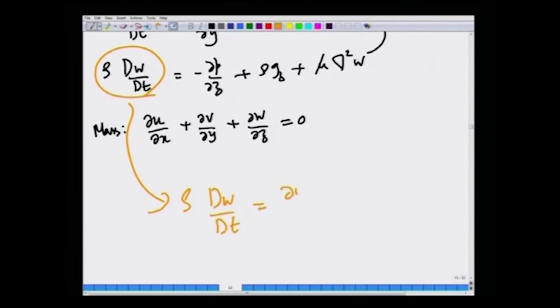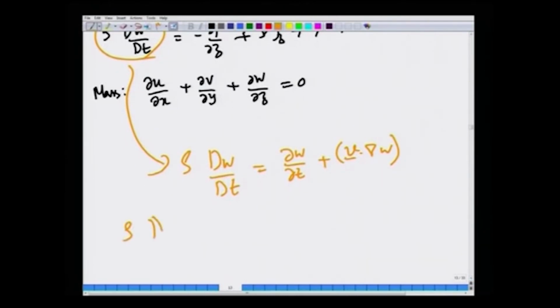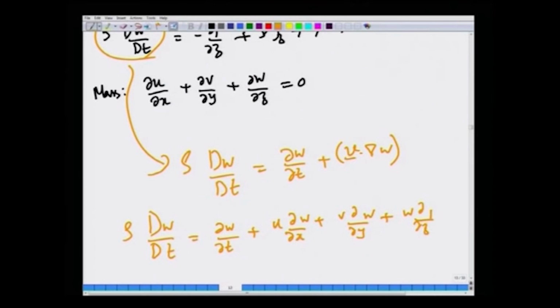is partial w partial t plus v dot del w, but what is that? Rho dw dt is partial w partial t plus u partial x of w plus v partial y of w plus w partial z of w.